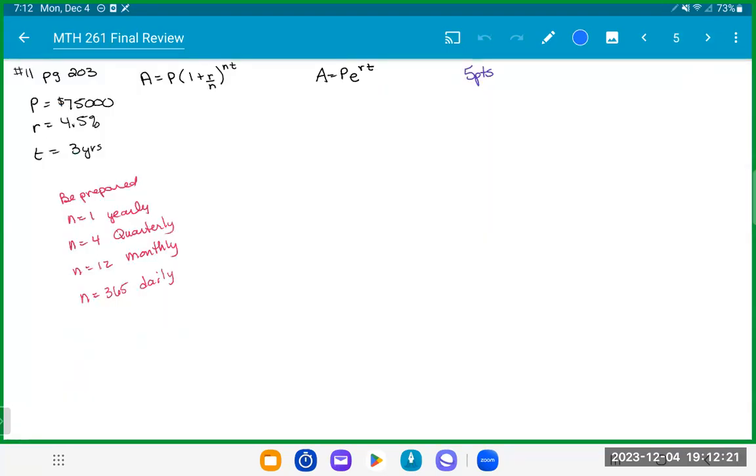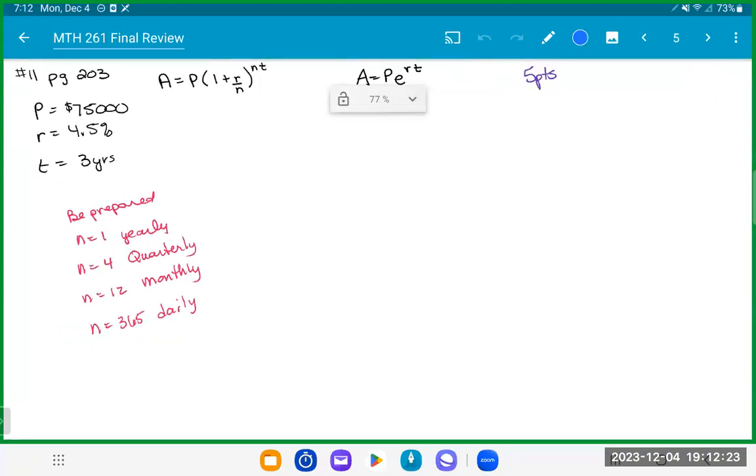All right, so the next type of problem that we're looking at is computing interest. So be prepared if you're asked to give a problem where it's got compounding interest yearly, we use n equal 1, quarterly n equals 4, monthly n equals 12, and daily n equals 365.